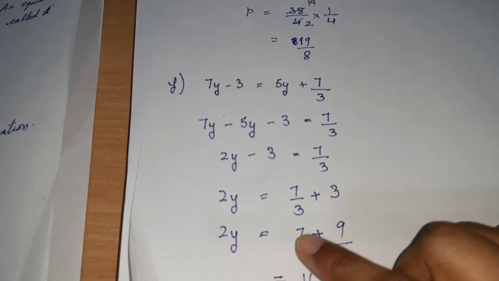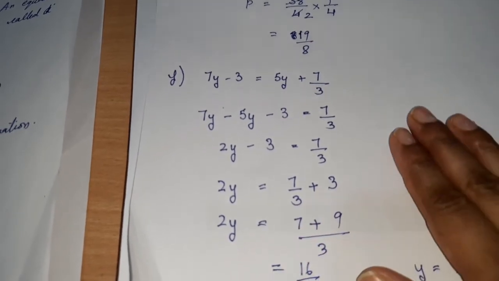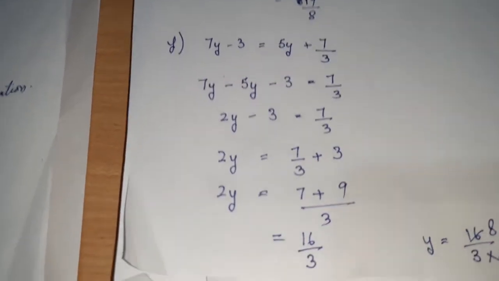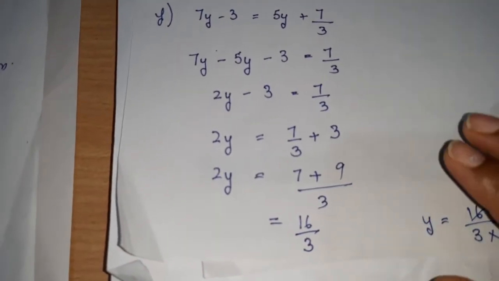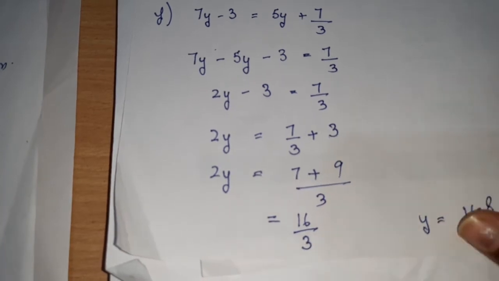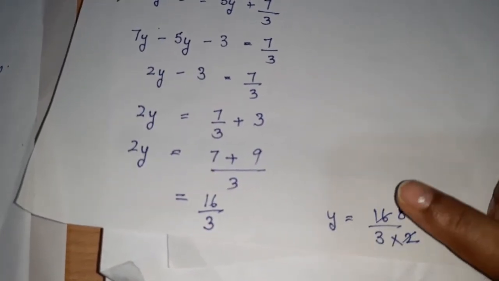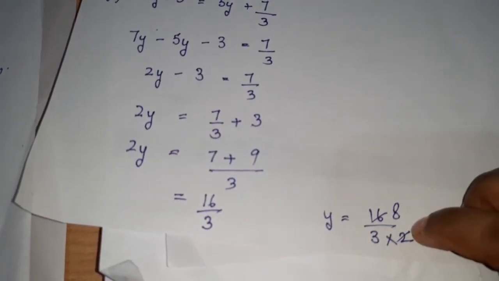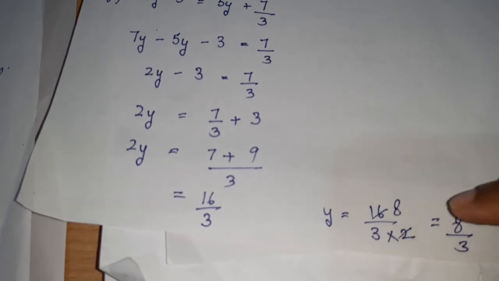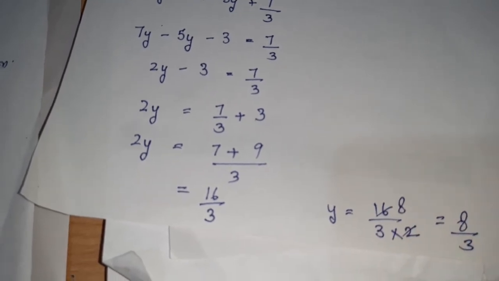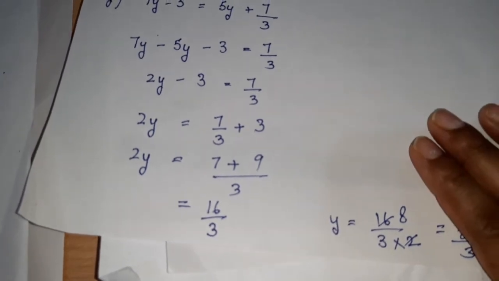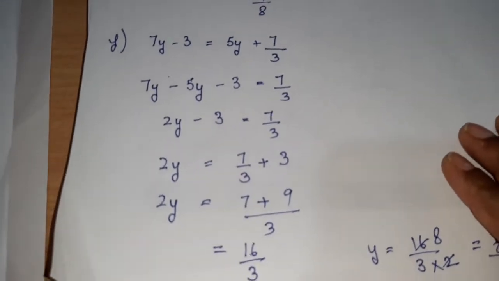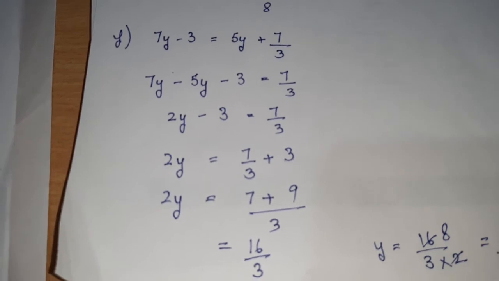So 2y is equal to 7 plus 9 by 3, and the answer is 16 by 3. Now I have to bring this 2 to the other side. So 2 will get divided here, and it will be 8 by 3. So y is equal to 8 by 3. So this is how we do it using the transposition method. Do remember to put the like terms together.